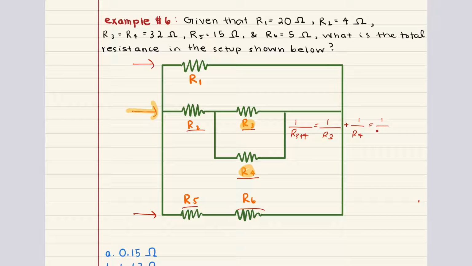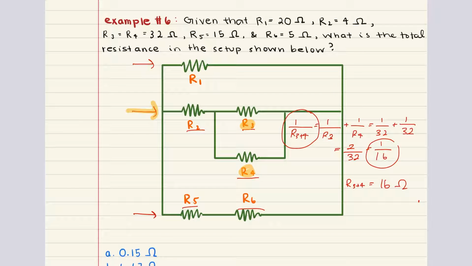This is equal to 1 over 32 plus 1 over 32. That gives us 2 over 32, and that simplifies to 1 over 16. Now we can take the reciprocal of both sides, and we get that the total resistance between 3 and 4 is equal to 16 ohms.